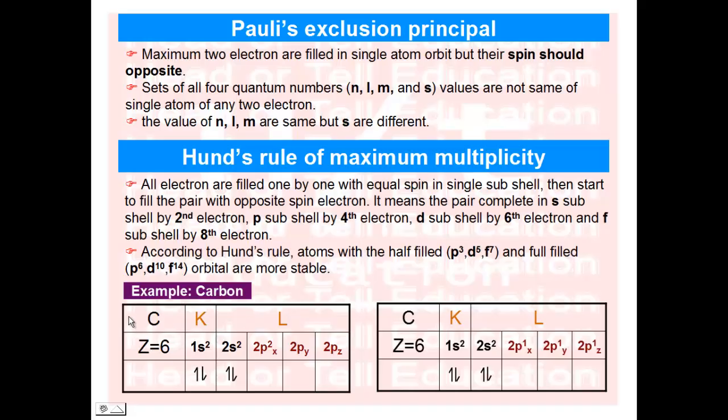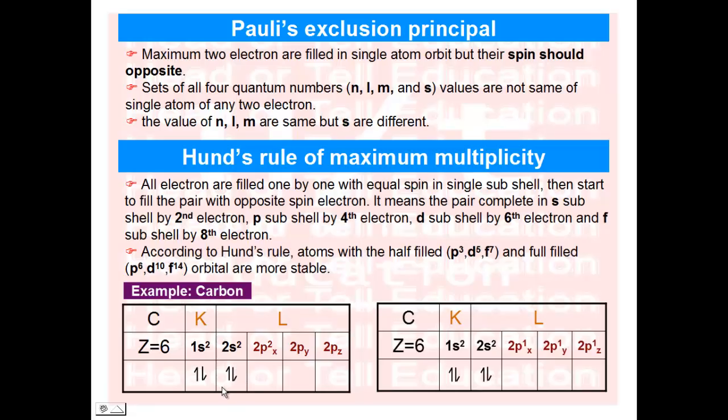Okay, so what is the atomic number of carbon? Z equal to 6. So according to the main levels, K is filled first by 2 electrons with opposite spin. Now next, the level is L, and 2s is filled by 2 electrons with opposite spin.